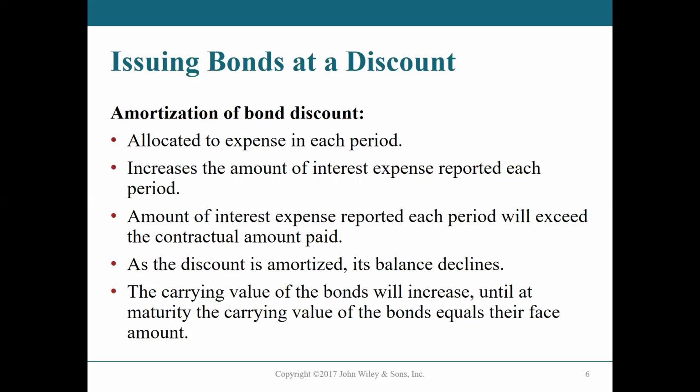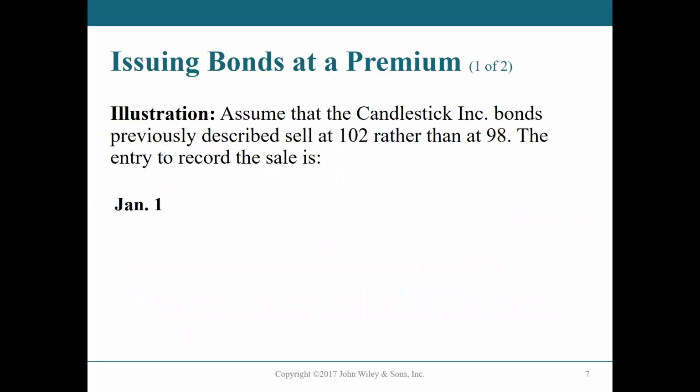It depends on how the bond pays interest. If the bond pays interest semi-annually, it would be the number of semi-annual periods in the bond's life. Or if it pays interest annually, it would be the number of years in the bond's life. And then we amortize or claim the expense for that discount over the bond's life.